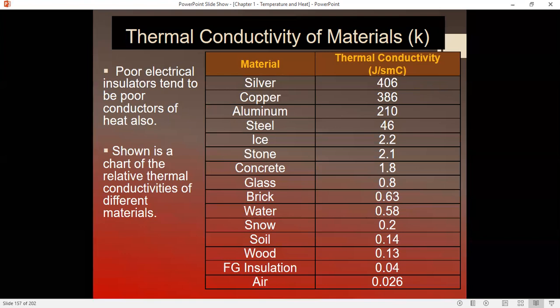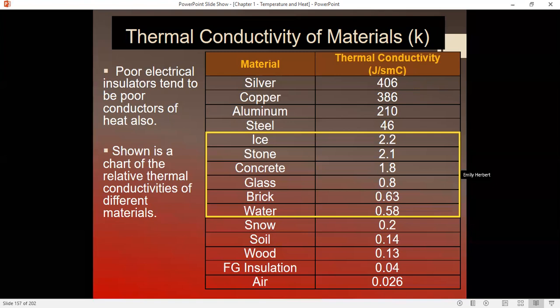Then we look at some other materials. Ice, stone, concrete, glass, brick, water, all have moderate amounts of thermal conductivity. And then the worst thermal conductors are snow, soil, wood, and really poor, really good insulators: fiberglass insulation and air.